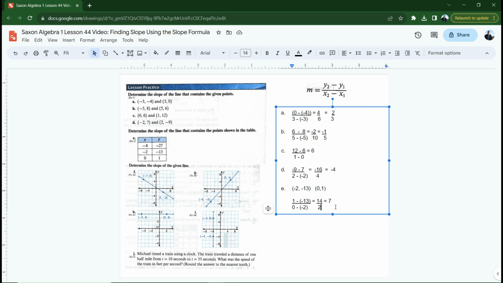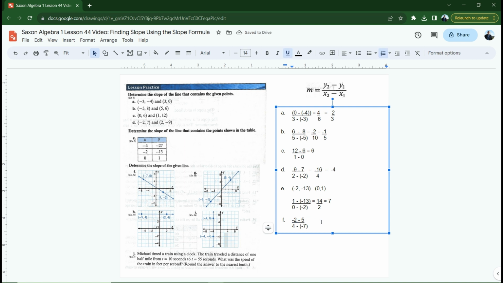All right, let's move on to letter F. Letter F has my coordinate pairs actually on the graph, but it's the same thing. Negative 2 minus 5 over, let's see, 4 minus a negative 7. So it's negative 2 minus 5 over 4 minus a negative 7.